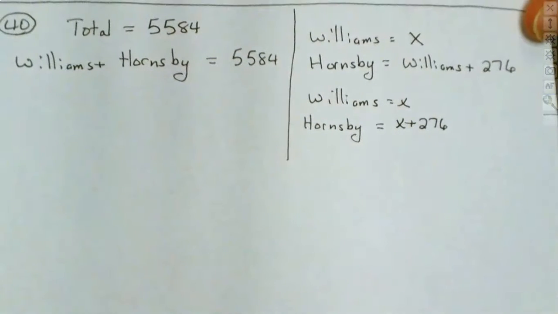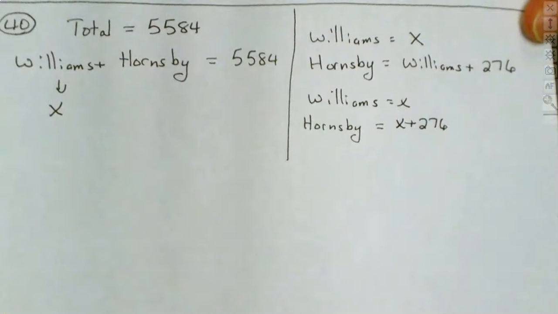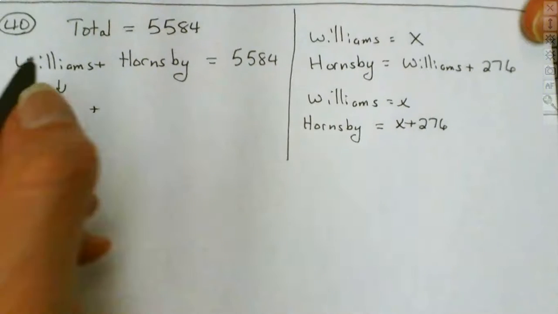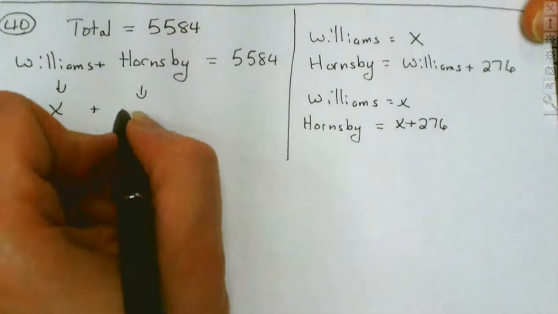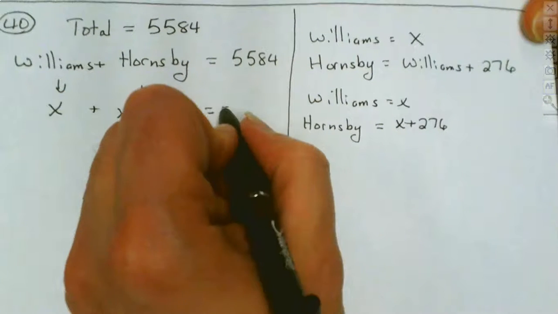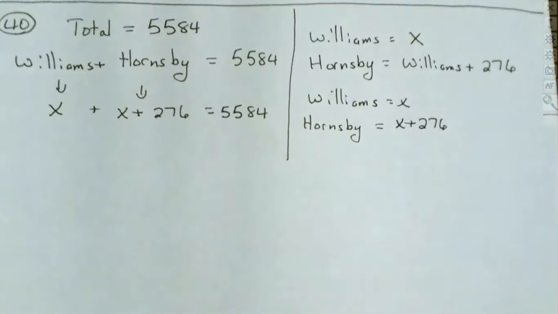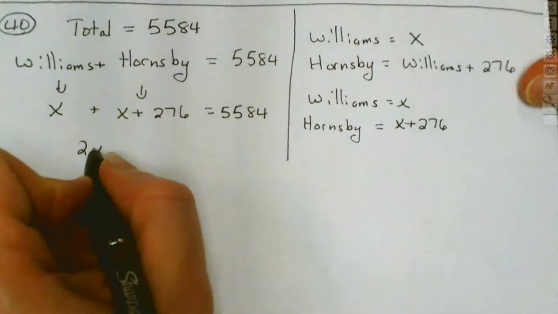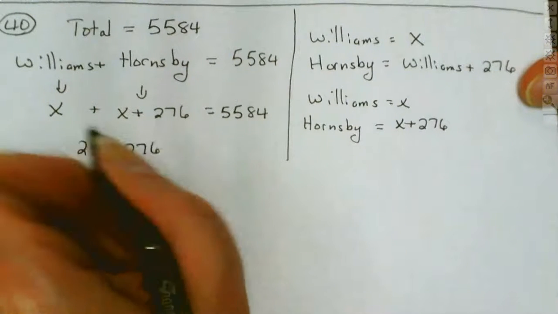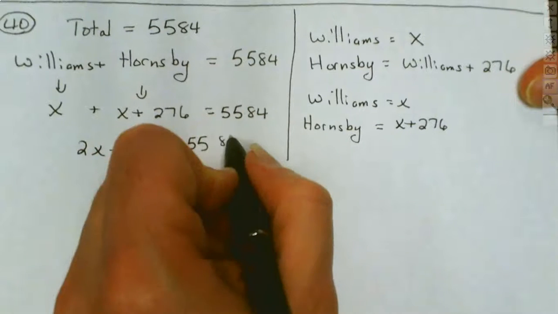Now we can finish it, because now we know that Ted Williams is x. My mistake there. Roger Hornsby is x plus 276, and that equals 5,584. Adding these together, we get 2x plus 276 equals 5,584.